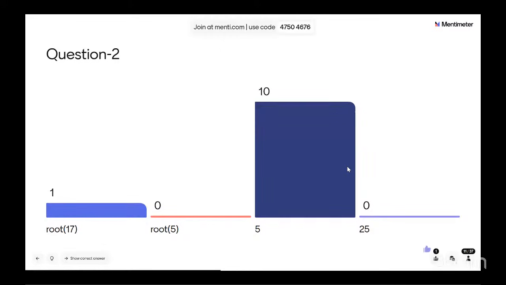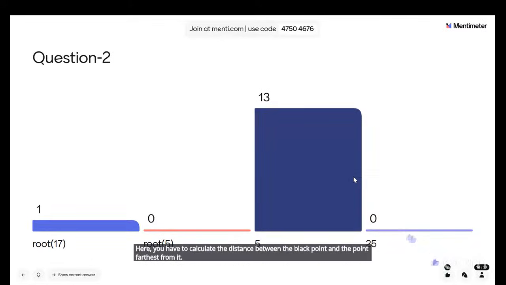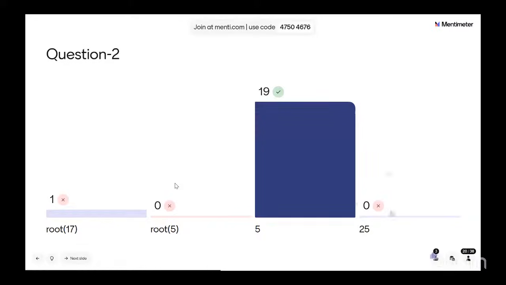Here you have to calculate the distance between the black point and the point farthest from it. Yes, 5 is the correct answer here.